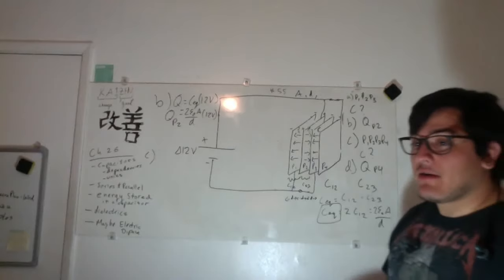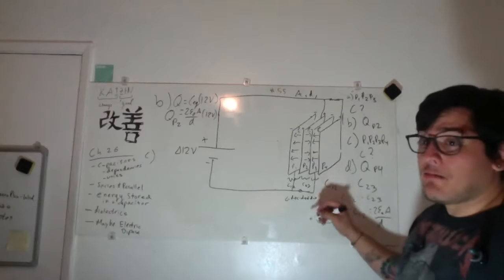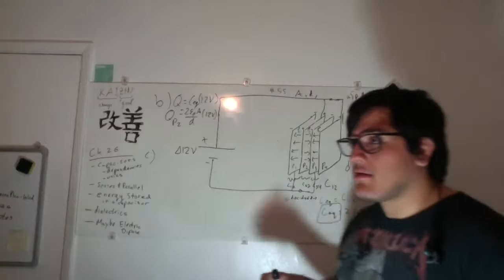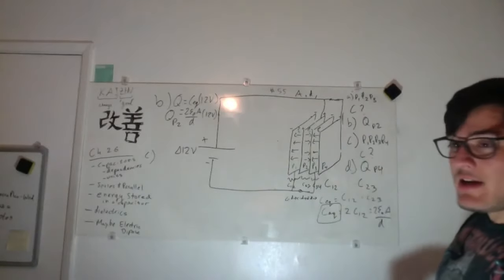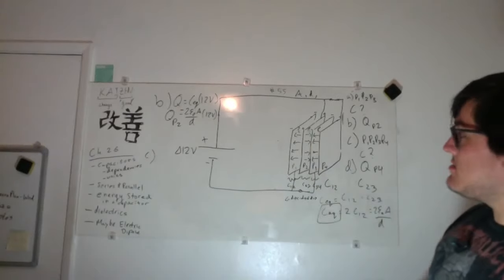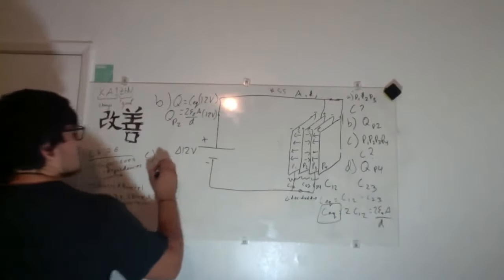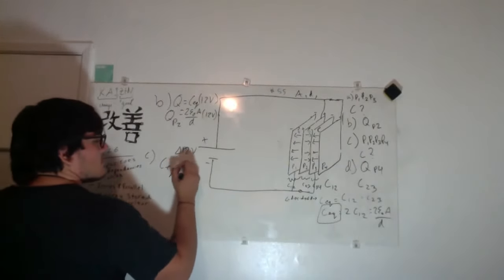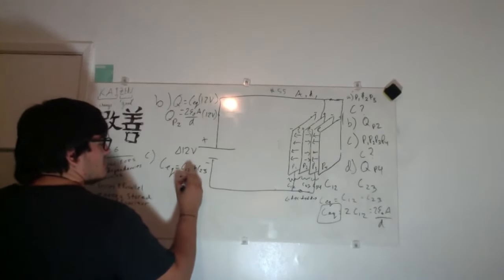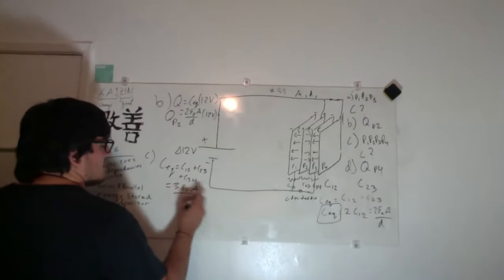So now are there 3 capacitors in parallel? C34, right? So now, what's that C equivalent? Well, if they're all the same C, then just 3C. C12 plus C23 plus C34 equals 3 epsilon A over D.